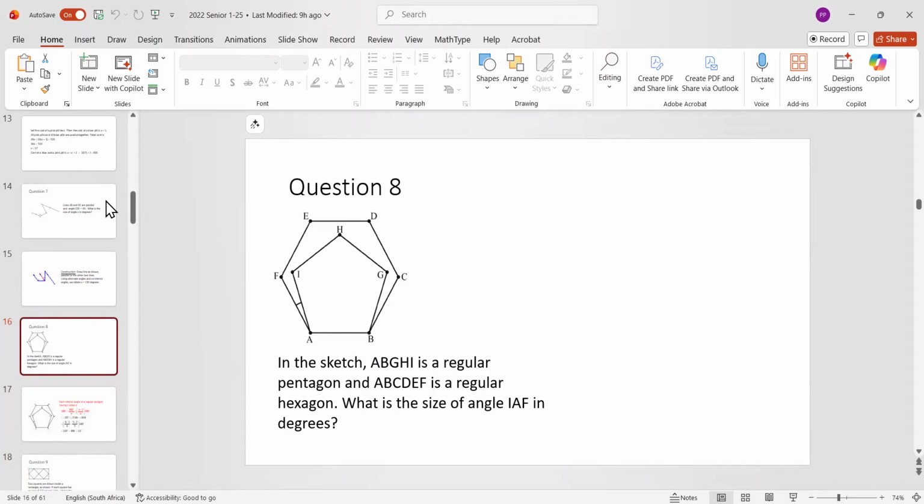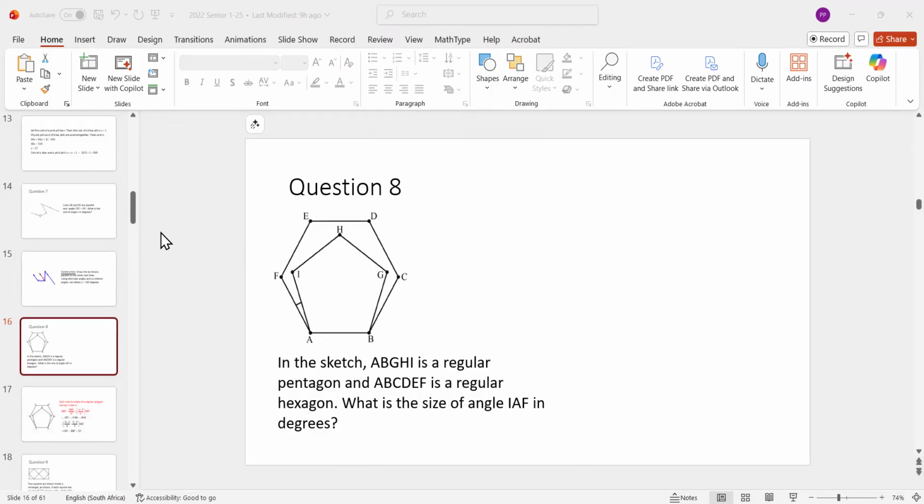All right, question 8. In the sketch, ABGHI is a regular pentagon. I'm not sure how you say it, we'll call it pentagon. A regular pentagon.